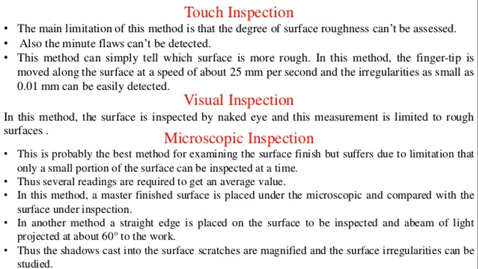Next, microscopic inspection, which is probably the best method for examining the surface finish, but it has the limitation that only a small portion of the surface can be inspected at a time.